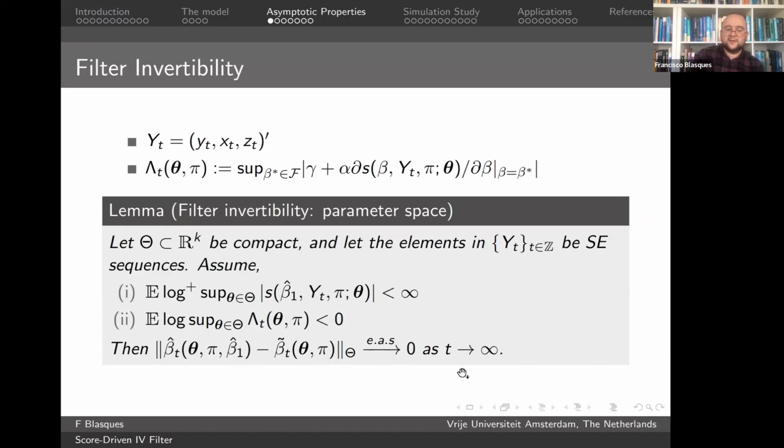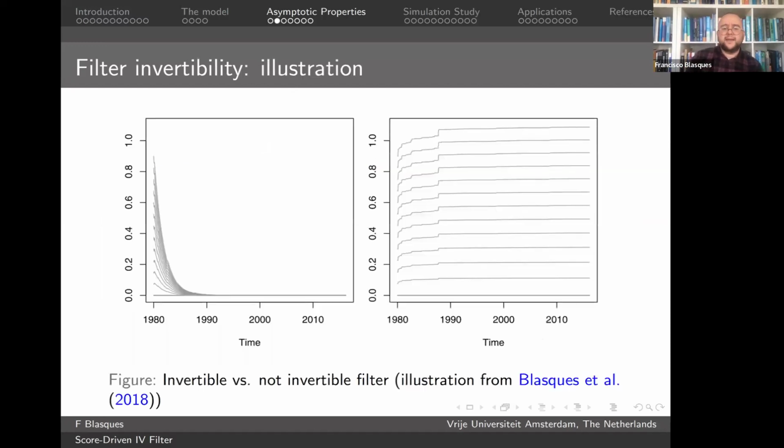This holds as t goes to infinity and for any parameter value, because these conditions are written as a supremum over theta. So regardless of the parameter values, this is ensured across the parameter space. That's the idea.